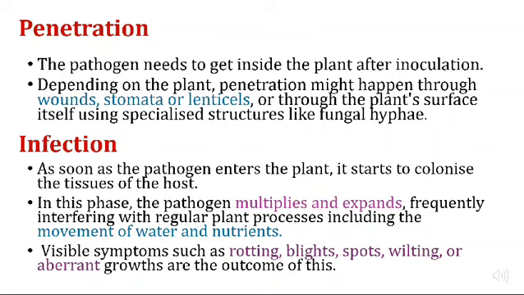As soon as the pathogen enters the plant, it starts to colonize the tissue of the host. In this phase, the pathogen multiplies and expands, frequently interfering with regular plant processes, including the movement of water and nutrients. Visible symptoms such as rotting, blight, spots, wilting, or aberrant growths are the outcome of this.